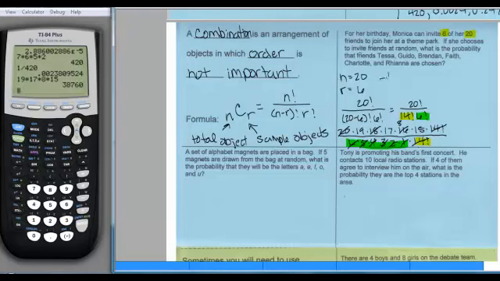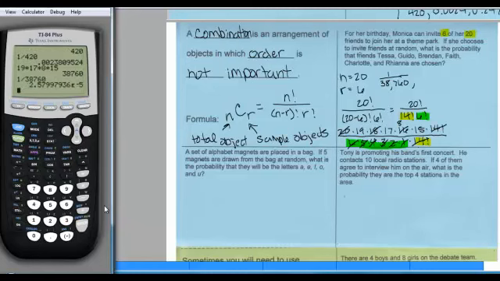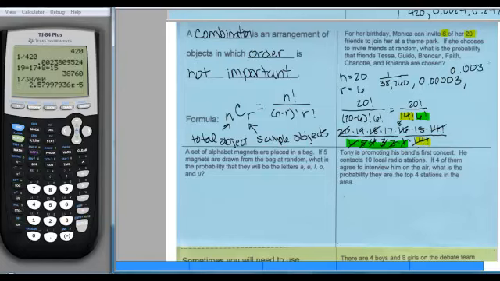So our answer will be 1 over 38,760, which in decimal is about 2.6 times 10 to the negative 5. That rounds up to 3 because of the 5 after it, and that is 0.003%.